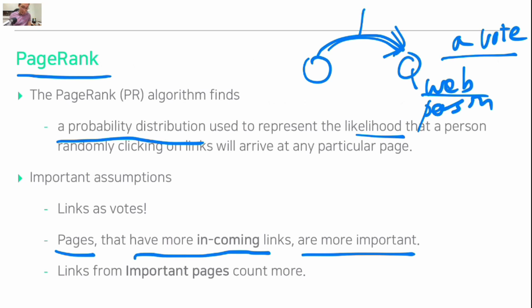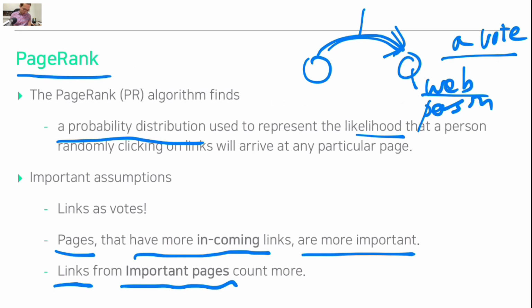And at the same time, the links from important pages are more important. So we count those links more. This is different from our presidential election, where we think all votes are equal, right? That is from the basic law. Our law, we also call it 헌법 in Korean.